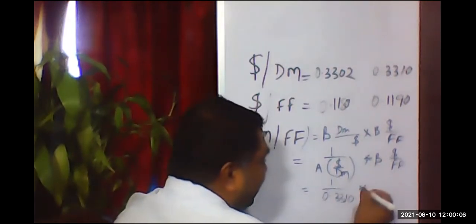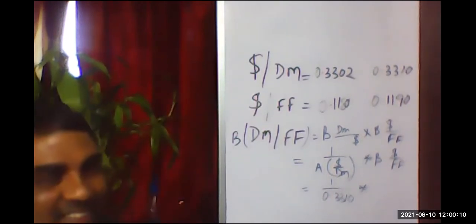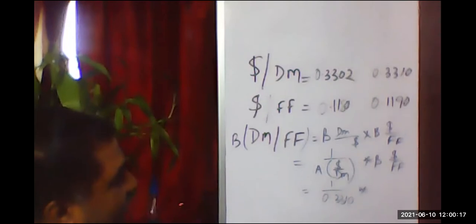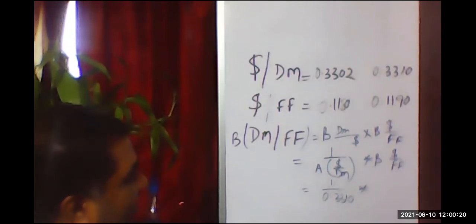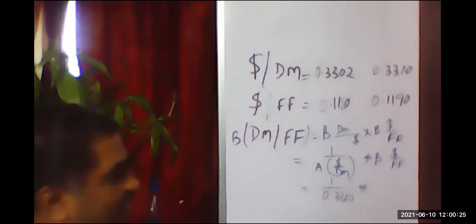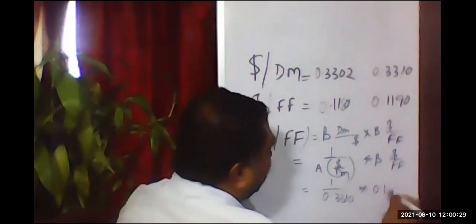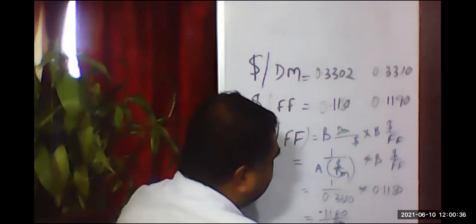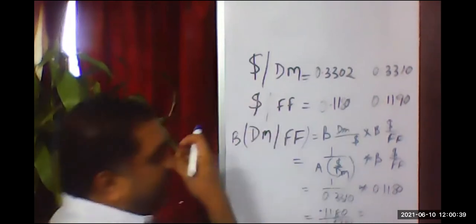Into bid dollar by FF, which is 0.1180. We are calculating the bid rate now. So finally we are getting 0.1180 divided by 0.3310. Whatever the rate is, that is my bid rate.